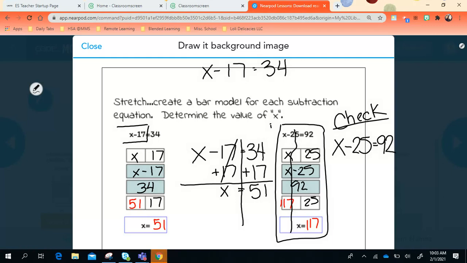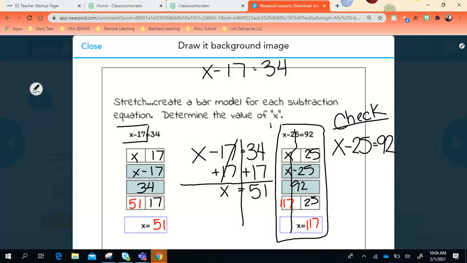Those of you writing down this example, I need you to do it a little bit quicker. 117, so that means that's it. I still see some people writing down the bar model. If you're still writing down the bar model, you are moving too slow.